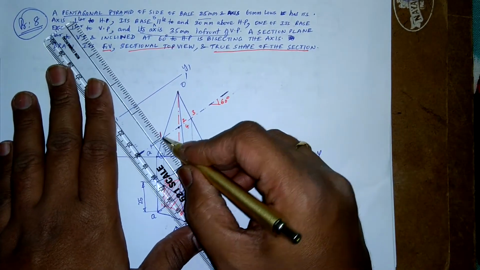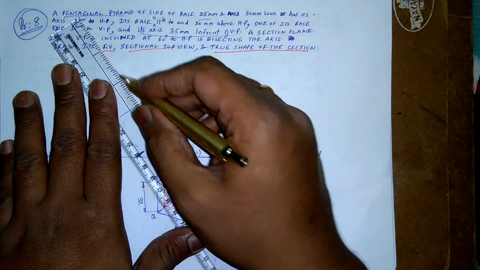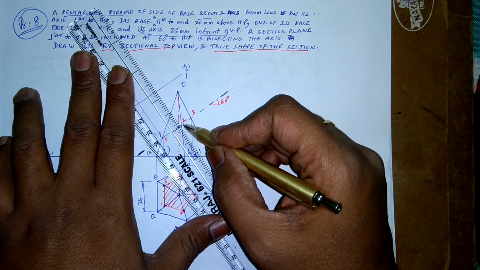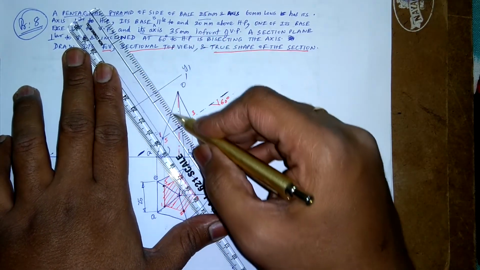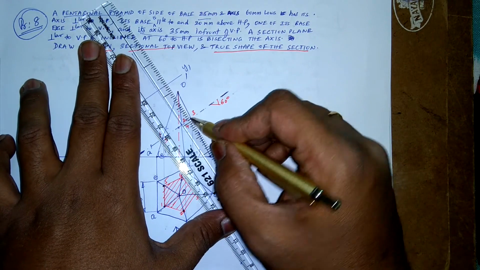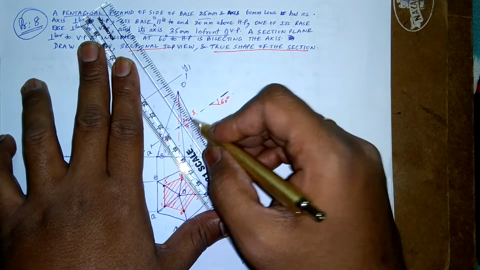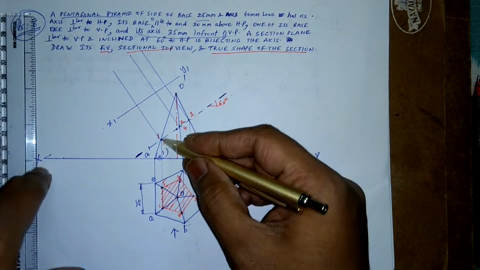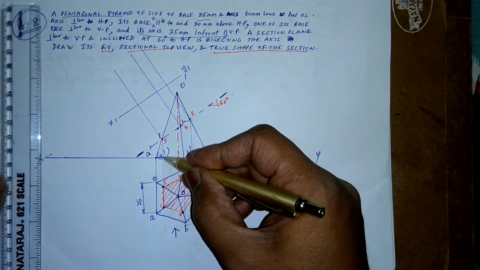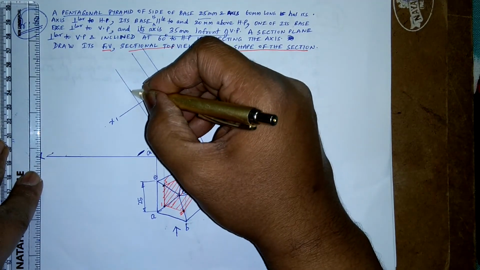Now from here I'm just setting my drafter perpendicular to this line, and I'll draw the projection lines from 1, 5. This is my 2, 4. All right, this is my 2, 4, and this is my 3. I'm getting the points here. So you need to plan this place properly. So now to get my first point, from x to 5, whatever the distance is, I'll mark it over here.